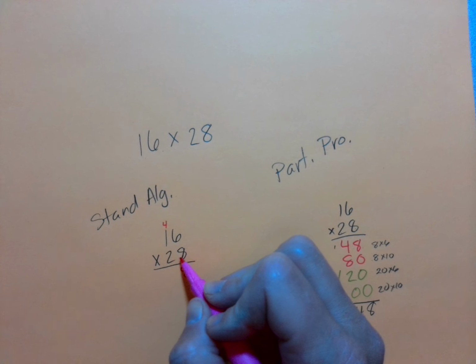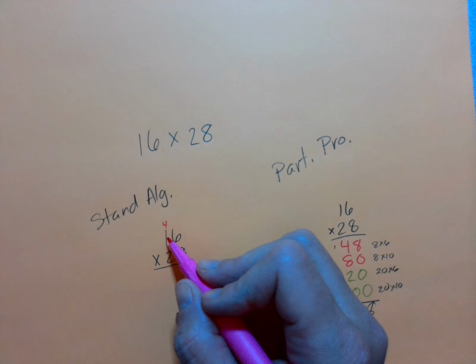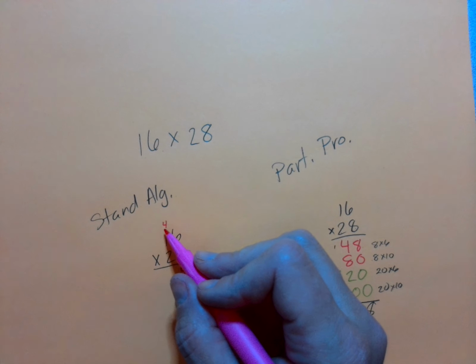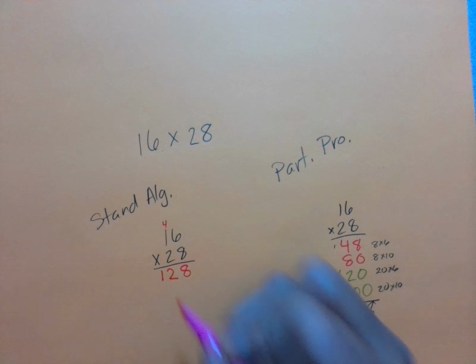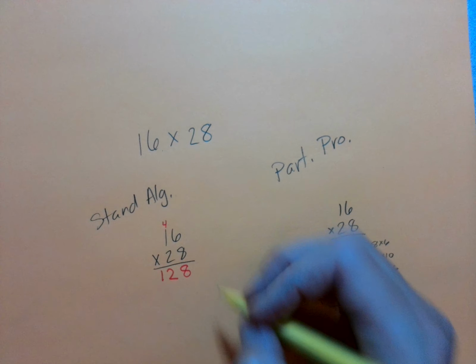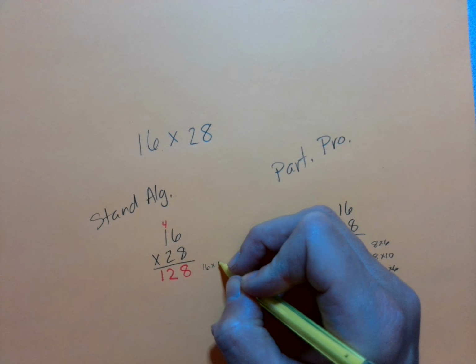I'm still going to do the 8. So 8 times 1 is 8, but then I have to add the 4. So 8, 9, 10, 11, 12. I have 128. Okay. So technically what I just did there is I did 16 times 8.